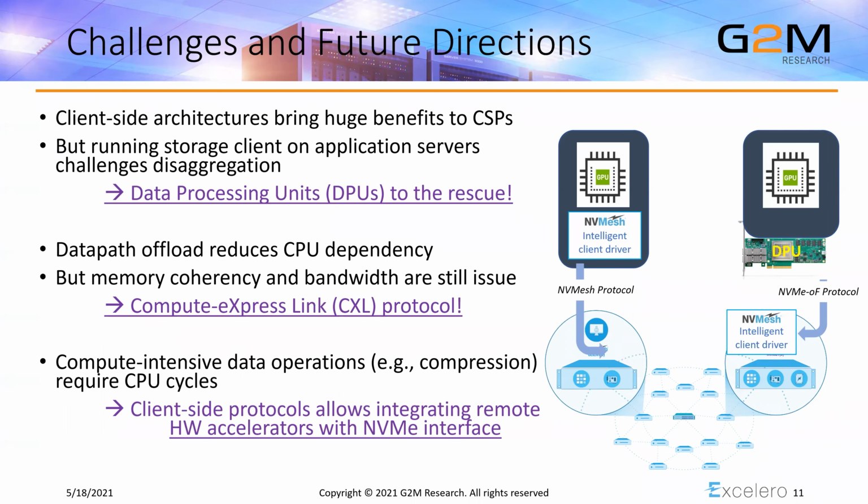And when these hardware accelerators have an NVMe interface, they allow NVMesh to control them the same way it controls standard NVMe drives, and seamlessly introduce these advanced features into the overall operation. That's all from my side.